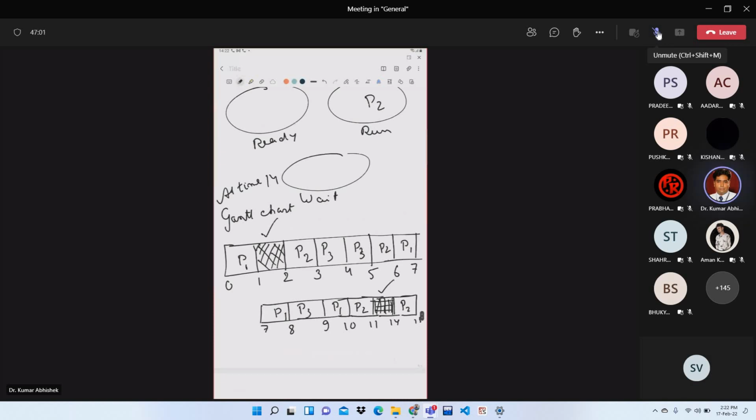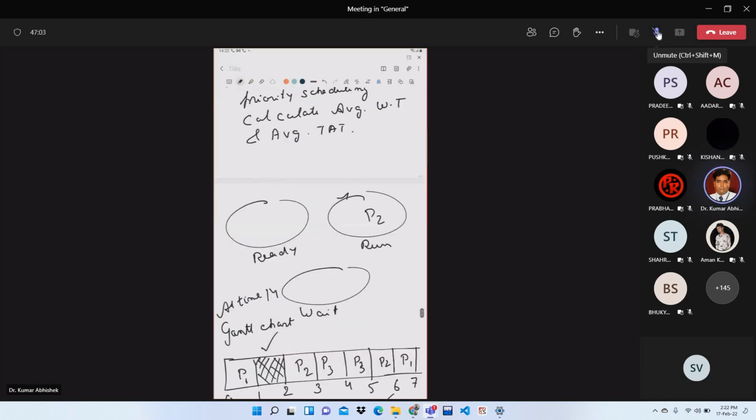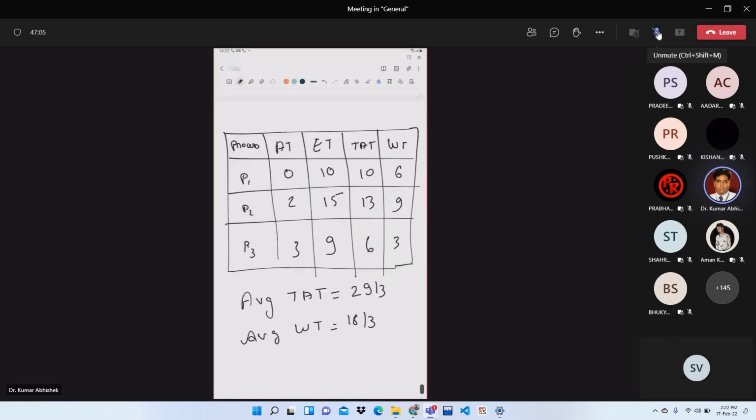For your better understanding, I have drawn these states so that it is easily understandable. You can try one more question at home.